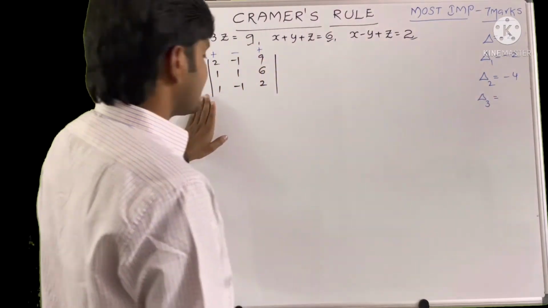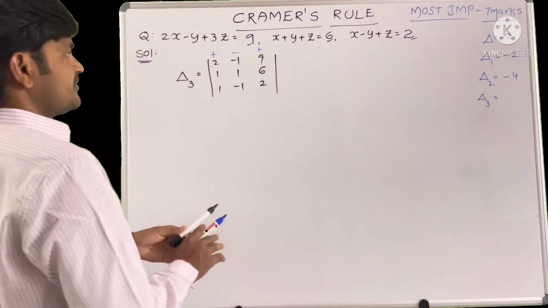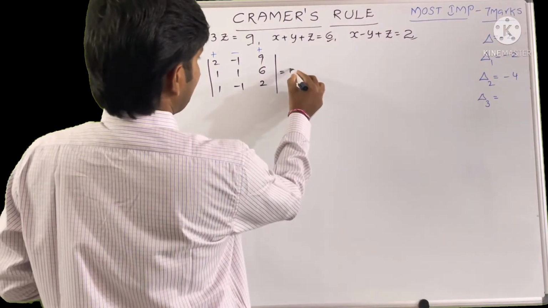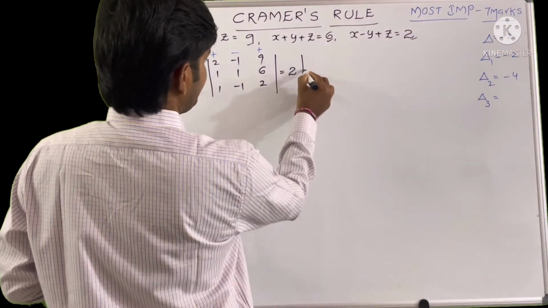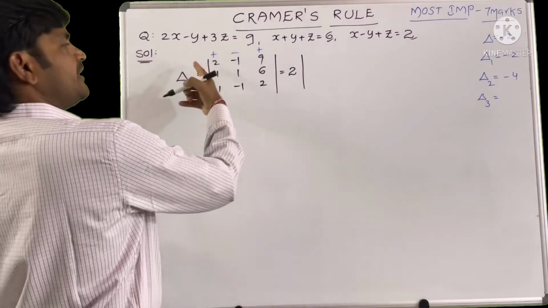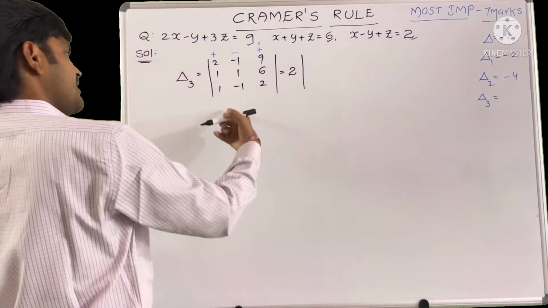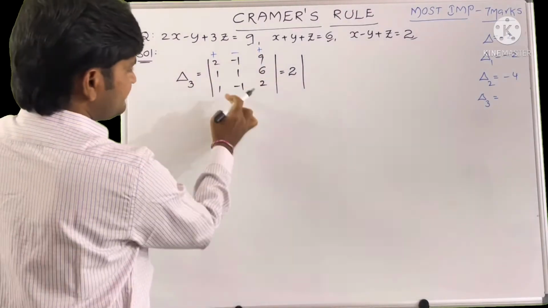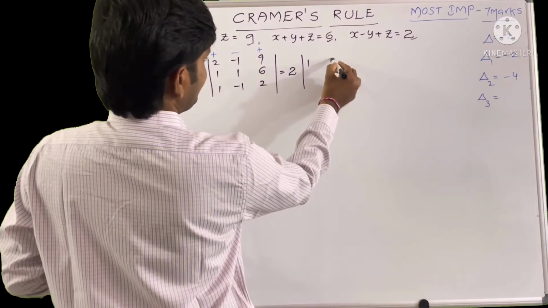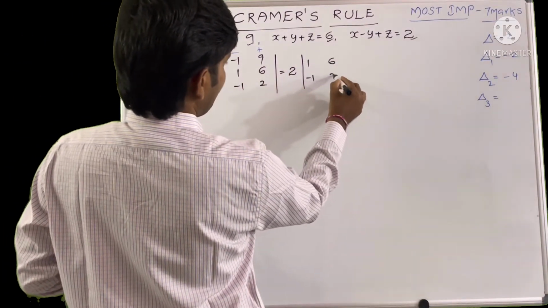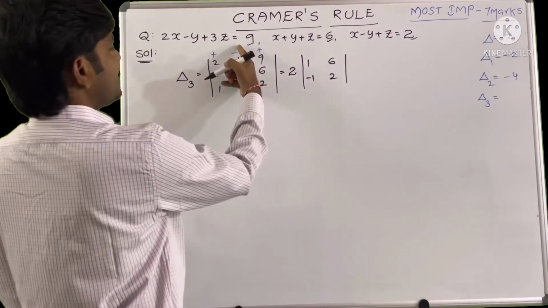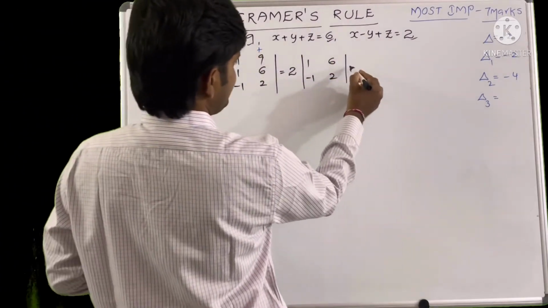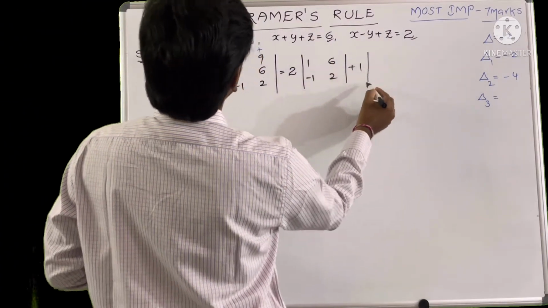Now the delta 3 expansion starts. Begin with 2 into, with its row and column deleted. The remaining 4 elements are 1 6 minus 1 2, and minus of minus 1 is plus 1.